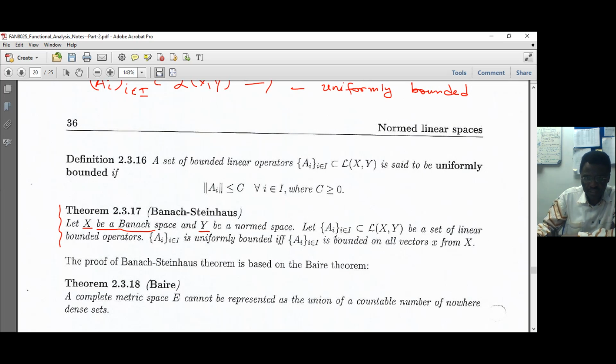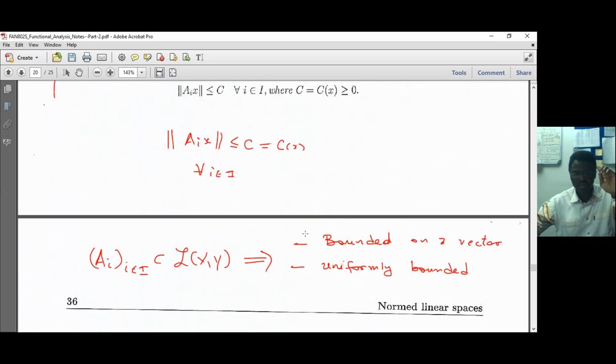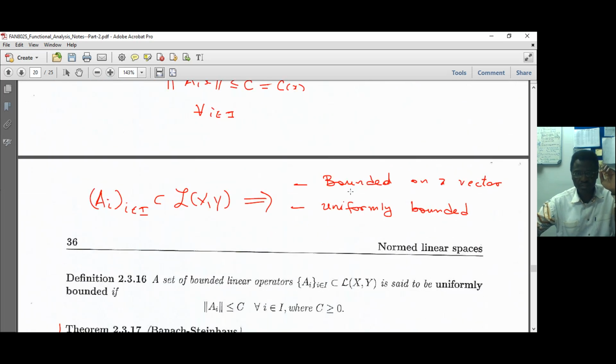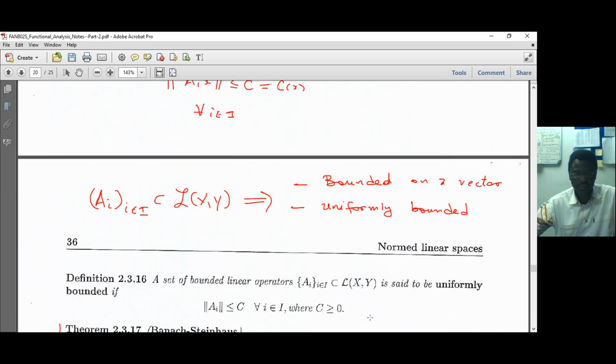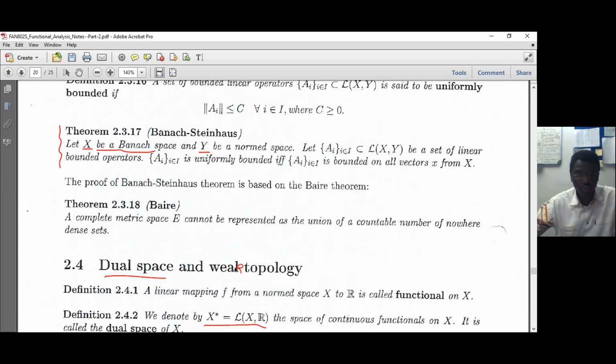And we have our family of bounded linear operators, because remember, the idea of bounded on a vector and uniformly bounded is preparing us towards the Banach-Steinhaus theorem, right? Okay.